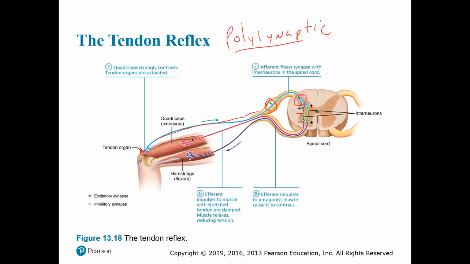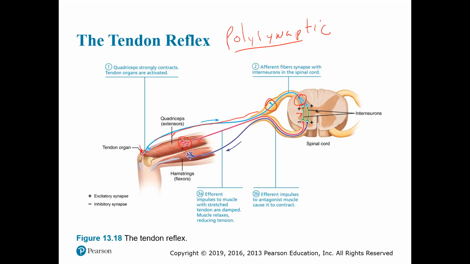The agonist is still the quadriceps. And they're going to relax this time. So you need to relax the quadricep. So basically it's inhibiting. And this side, the hamstrings now have to contract to relax the quadriceps. So the agonist is still going to be the quadriceps, okay, on the tendon organ.